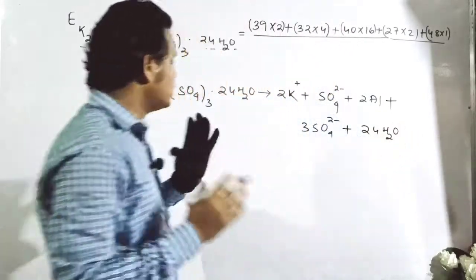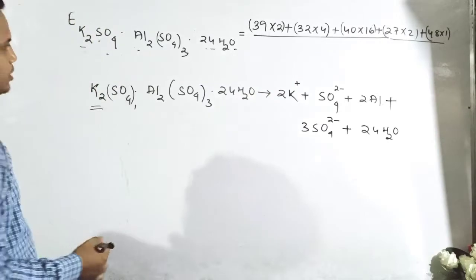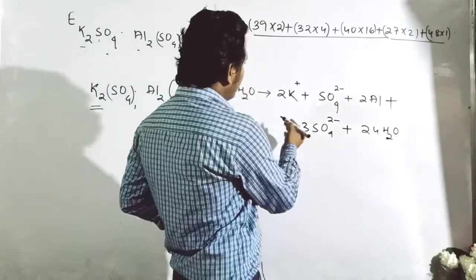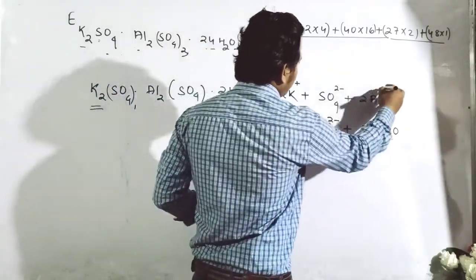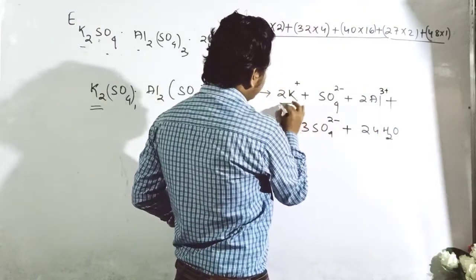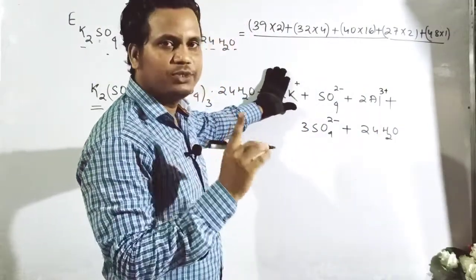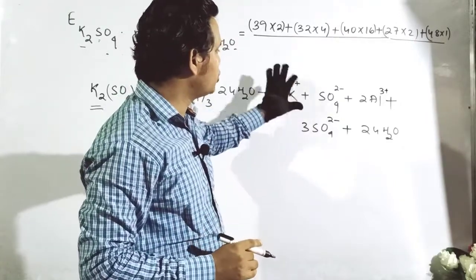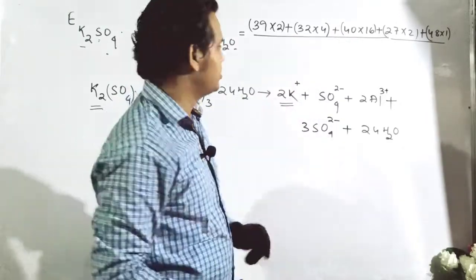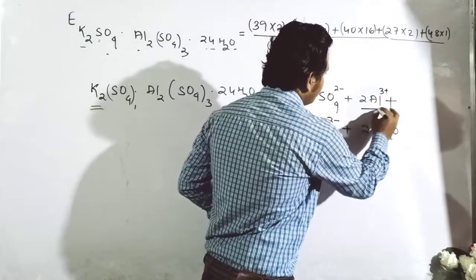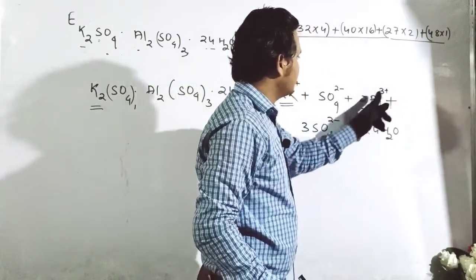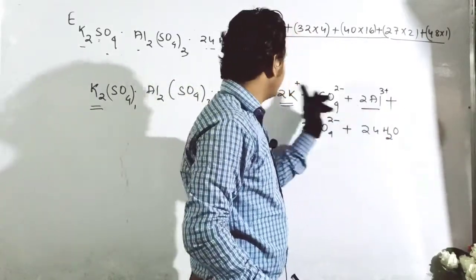Now, what is the total charge? You find total positive charge. 2 aluminium, 3 plus, and twice K positive. So 1 potassium has charge plus 1, 2 potassium ions charge 2 plus. So here plus 2. Now here plus 6, 3 times 2 is 6, and 6 and 2 is 8.